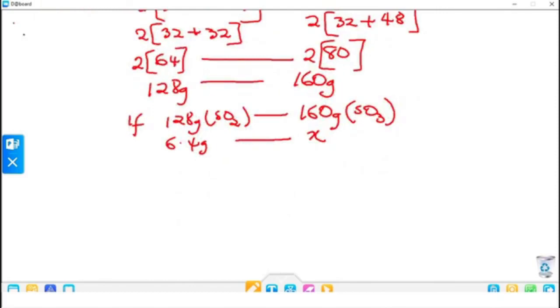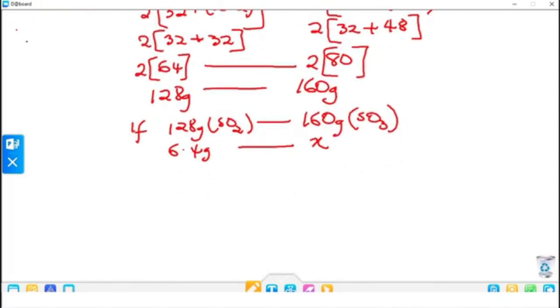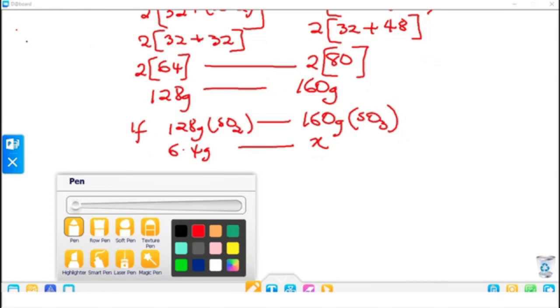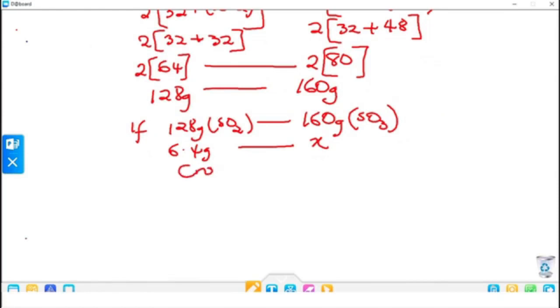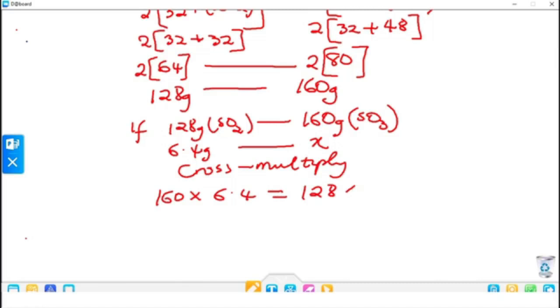So when we cross multiply, we're going to have 160 times 6.4, either way is still okay, equals 128 times X.